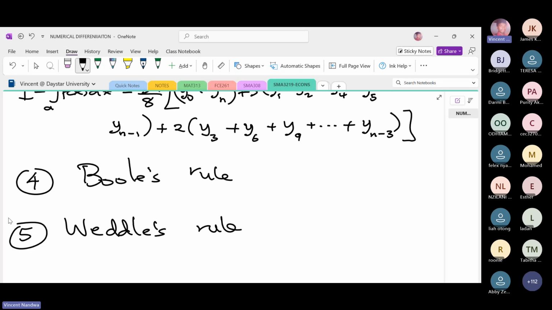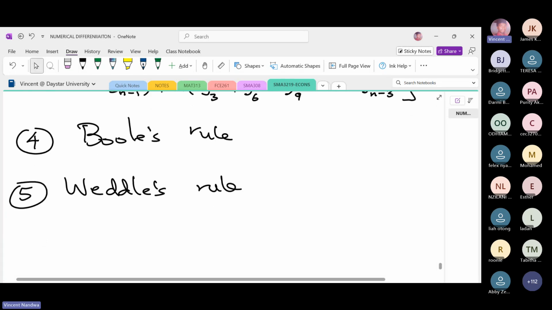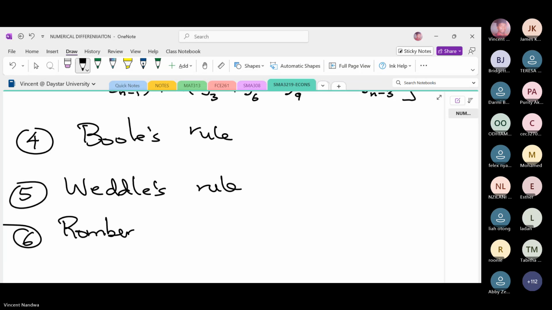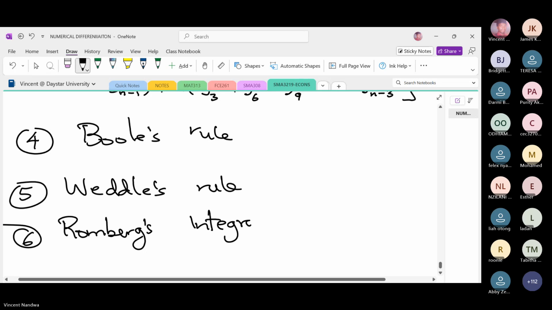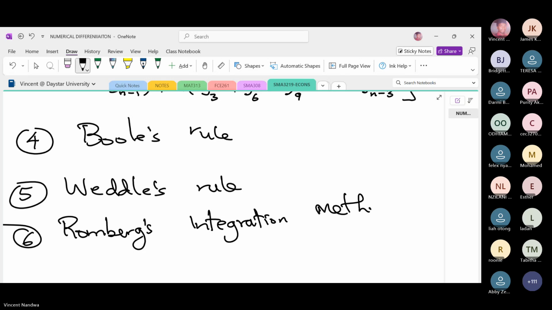And then there's what we call Romberg's integration. So please check the structure of those rules.